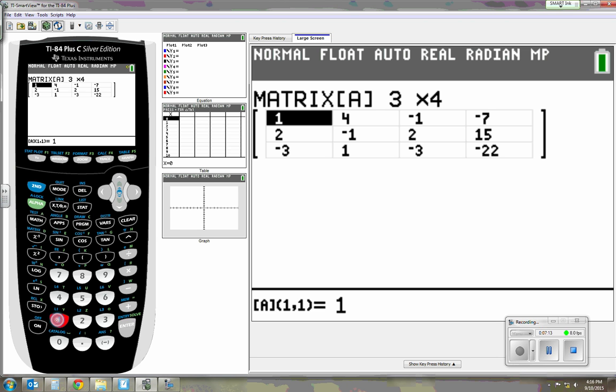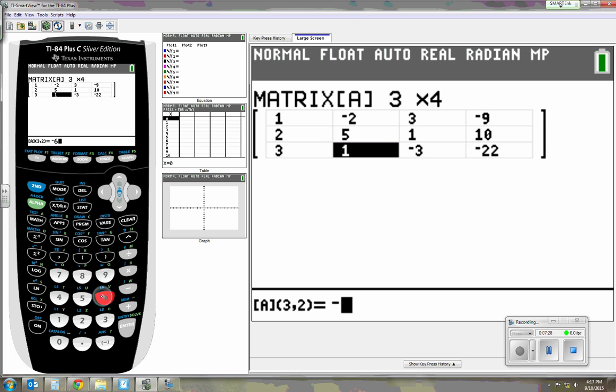So that's going to be 1, -2, 3, -9. 2, 5, 1, 10. And our last row is 3, -6, 9, and 12. Okay, and once we've done that, we go to second quit.